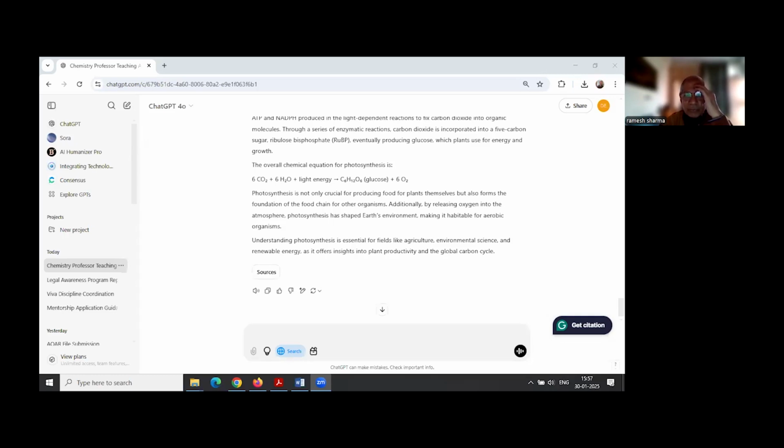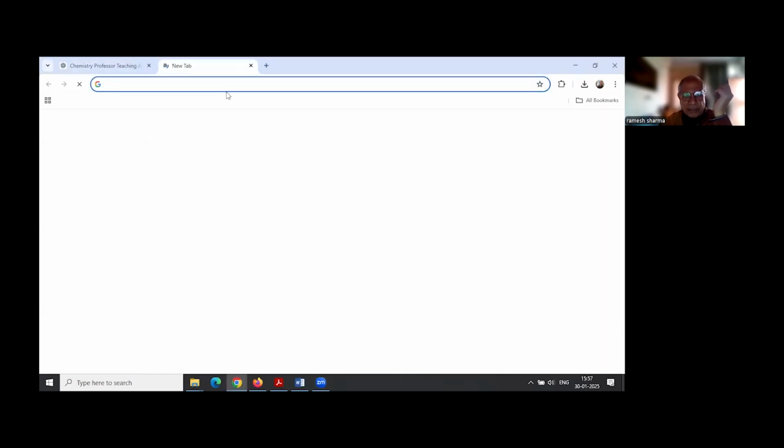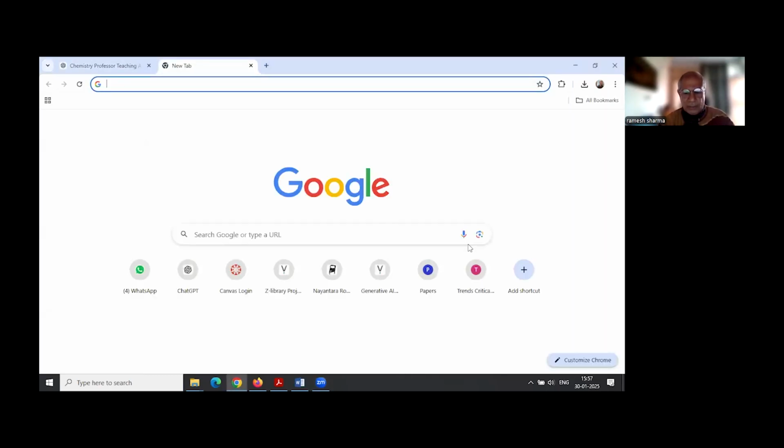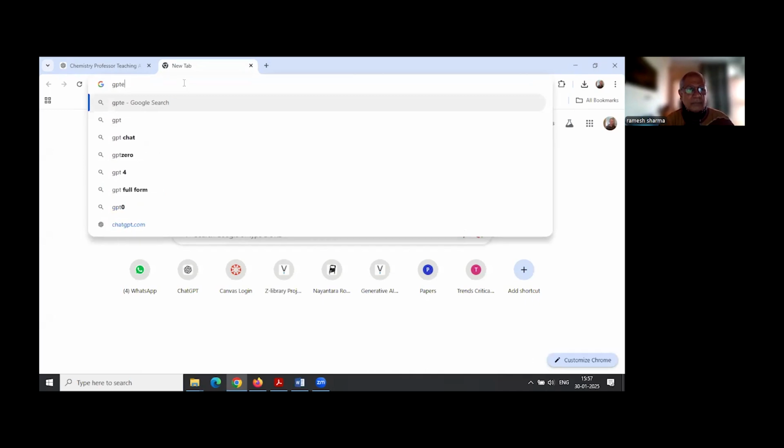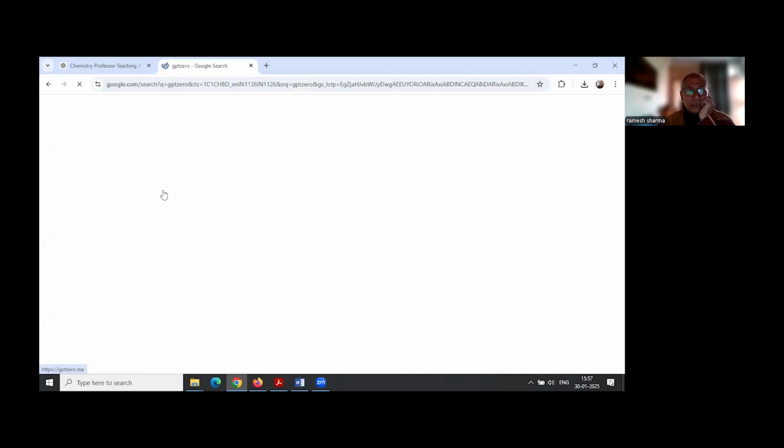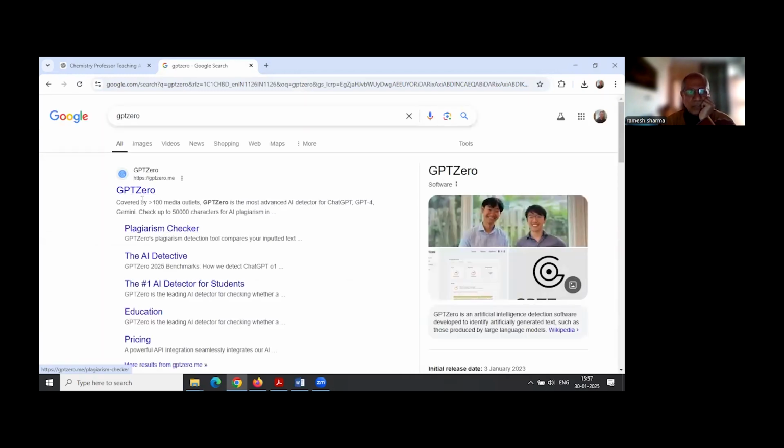Okay, I would like to know some of the most effective tools available free of charge to detect AI generated writing and other types of creation. Okay, for this, I hope you see my screen. So there is a tool, this is GPTZero. You can use it.